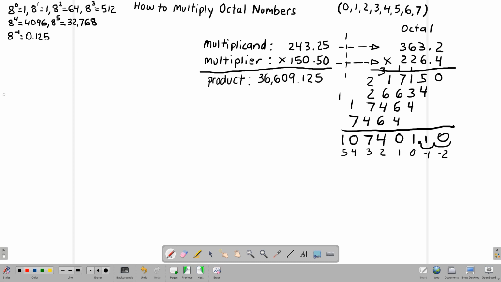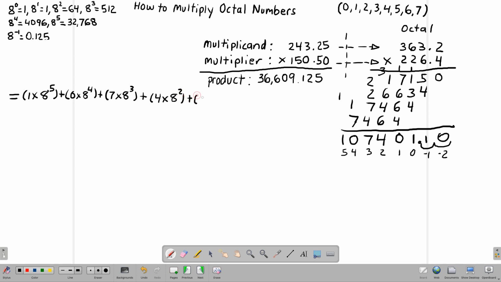So let's show the computation, and what we have is 1 times 8 to the 5th power, since we say that 1 is in the 5th position. Plus we have 0 times 8 to the 4th power. Plus we have 7 times 8 to the 3rd power. We say that 7 is in the third position. Then we have 4 times 8 to the 2nd power, and the 4 is in the second position.